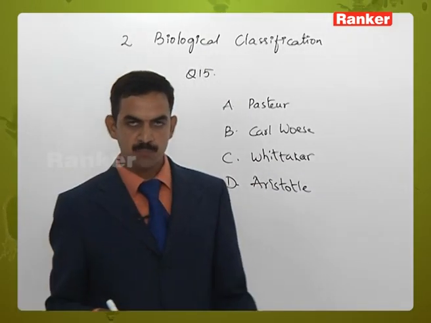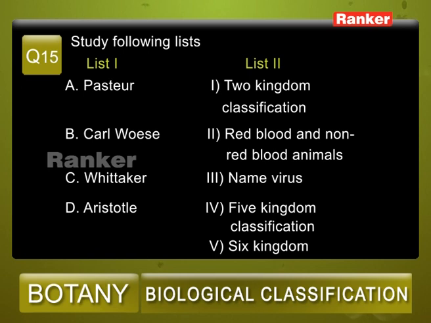And under list 2, first one 2 kingdom classification, 2 red blood and non-red blood animals, 3 name virus, 4 5 kingdom classification, 5 6 kingdom classification.